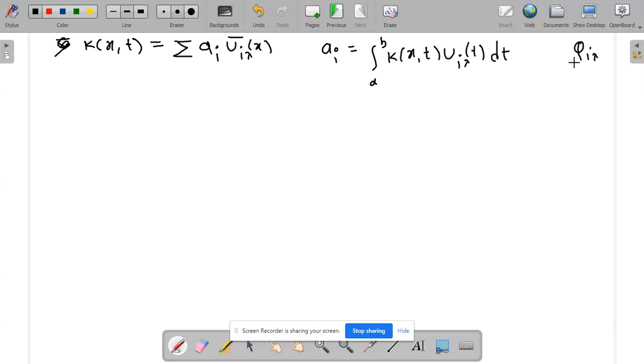When we construct the corresponding orthonormal set, what we do is take linear combinations of these functions only.